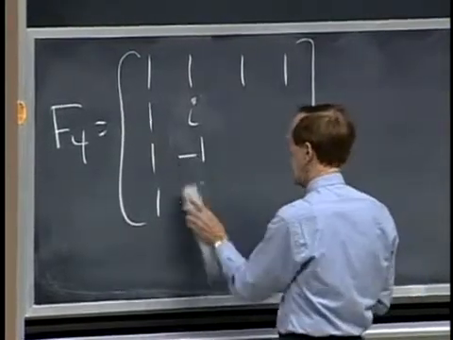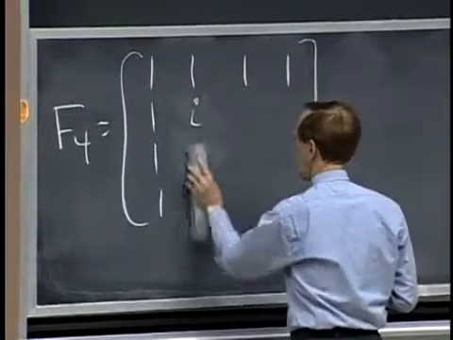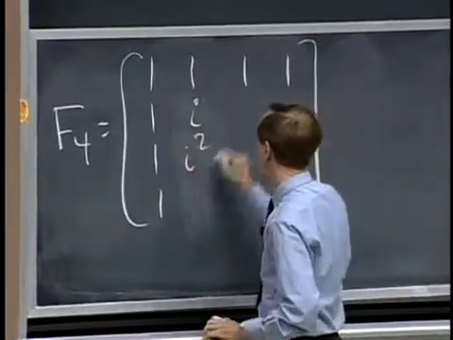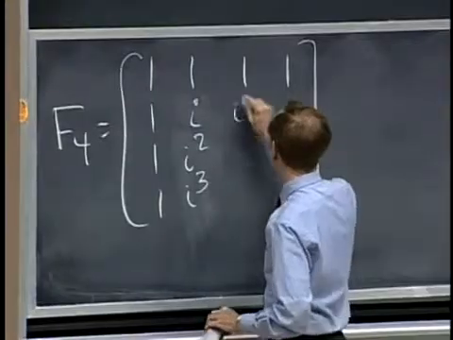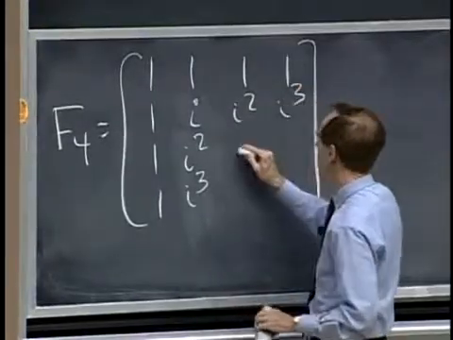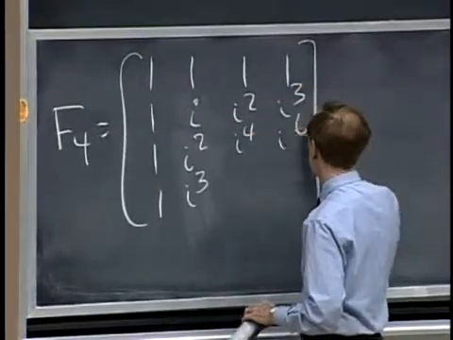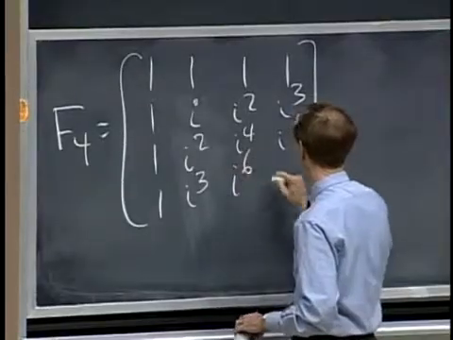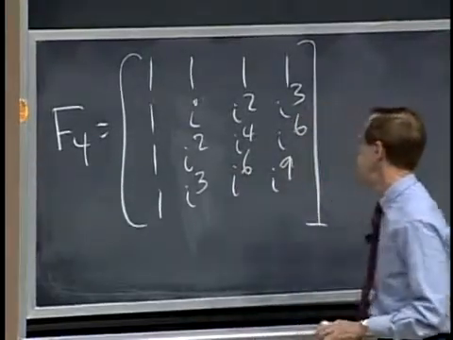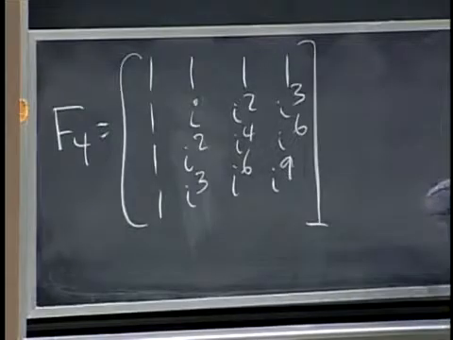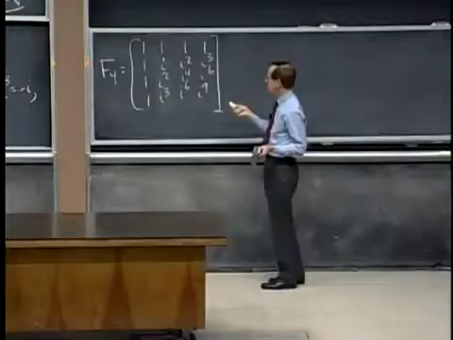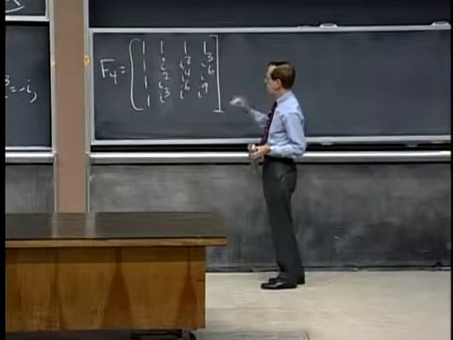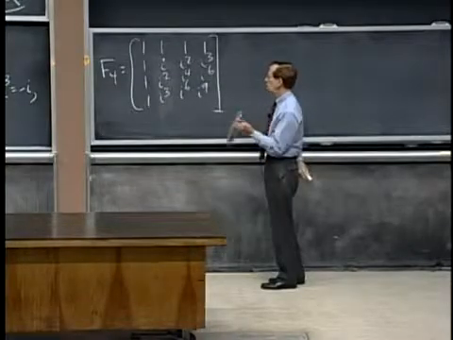I could write i squared and i cubed. Why don't I, just so we see the pattern for sure? i squared, i cubed, i squared, i cubed, i fourth, i sixth, i fourth, i sixth, and i ninth. You see the exponents fall in this nice pattern? The exponent is the row number times the column number, always starting at 0.